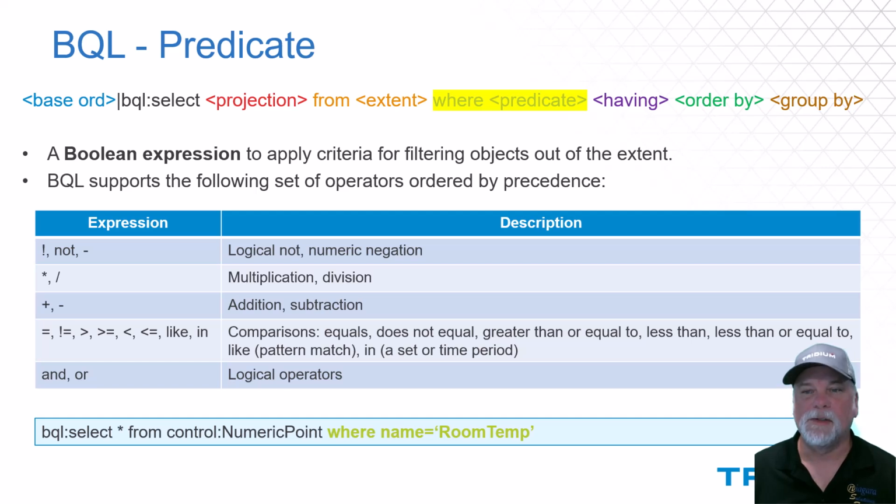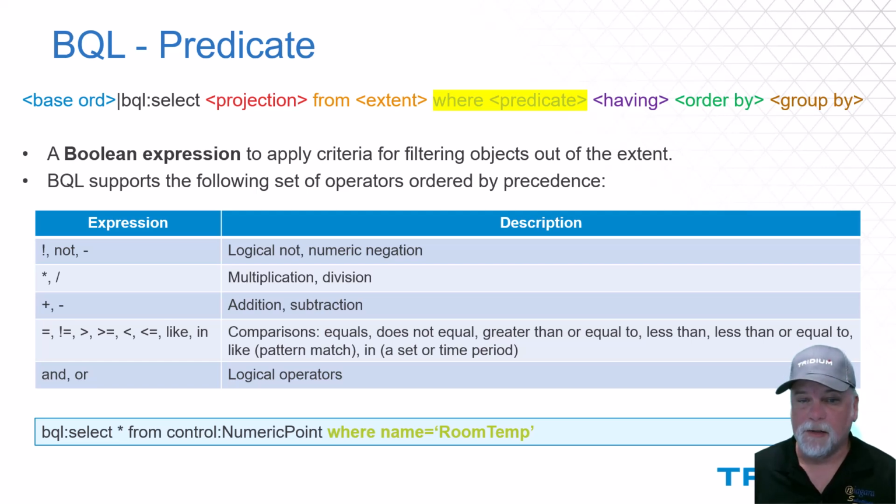Just like math has order of operations, and you can control the order of operations in math by using parentheses, BQL also has a precedence order by which the operators get processed by the engine. The BQL engine will process the unary operators first, so the exclamation, not, and minus symbol that are all providing some kind of negation.